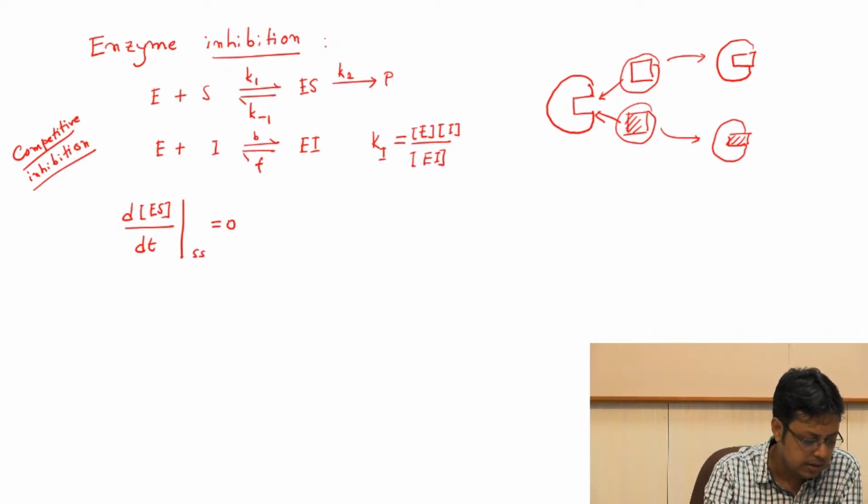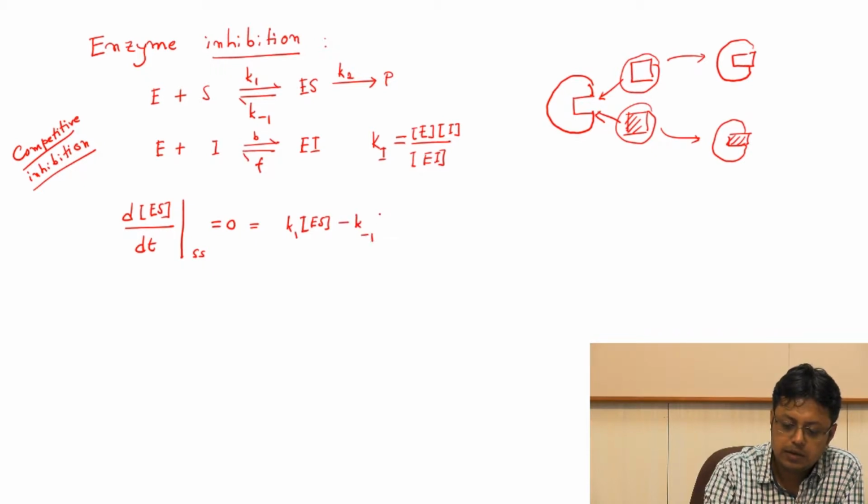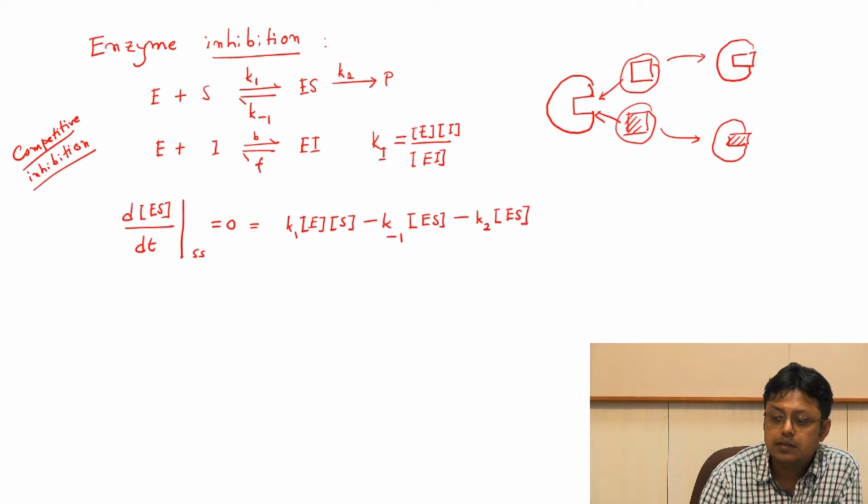The enzyme substrate complex is forming, so it will be K1 times E times S, minus K minus 1 times ES, minus K2 times ES. So that is 0 under the steady state approximation.